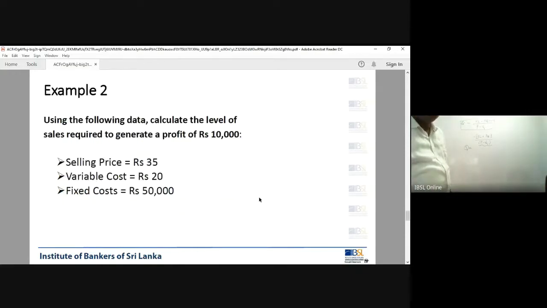We'll go to the question now. Right, this is the question. We have P equals 35, VQ equals 20, fixed cost equals 50,000. You want a profit of 10,000, right?